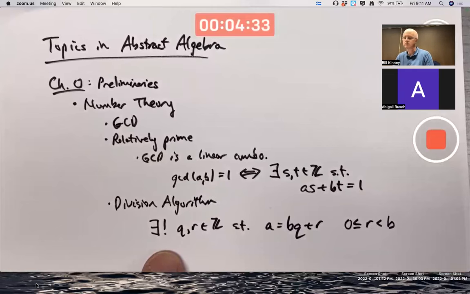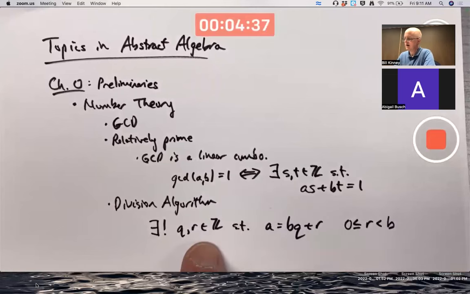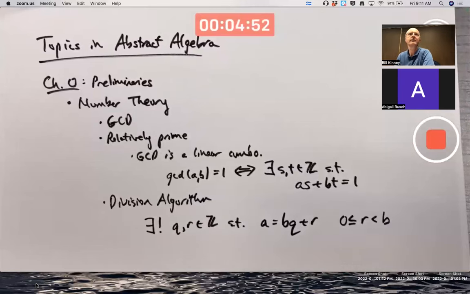It's not a factorial. There exist unique integers Q and R so that this is true, where I'm implicitly assuming A and B are given integers and B is positive. So I'm taking an arbitrary integer A and dividing it by B. I get a quotient and a remainder.